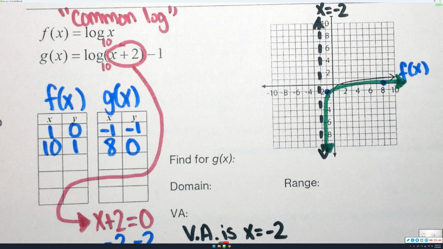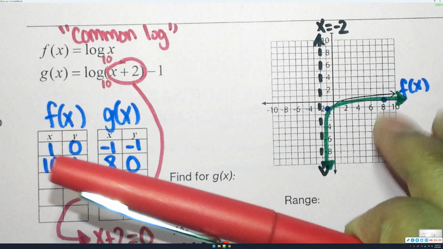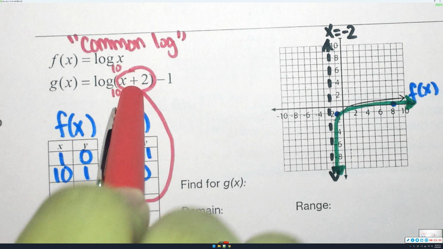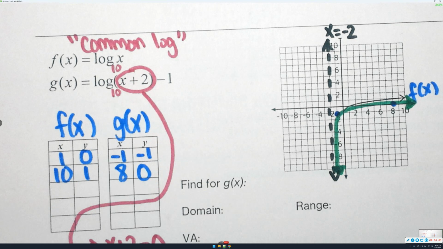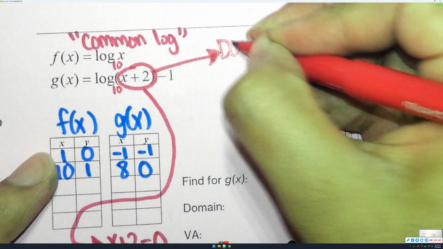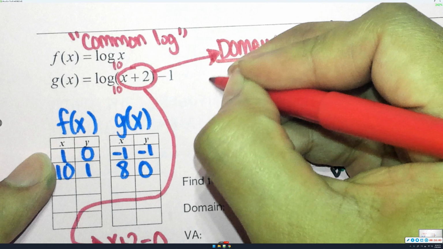Okay, now I will talk about the domain and for the range, okay? Now, how do I identify the domain? Well, I will use the same information that I used for the vertical asymptote. I will work with the terms within the parentheses. So right here, I'm going to write down domain, and I'm going to set these terms.